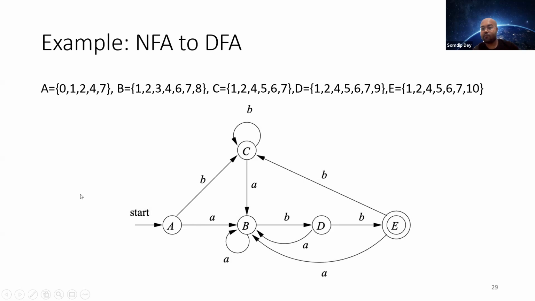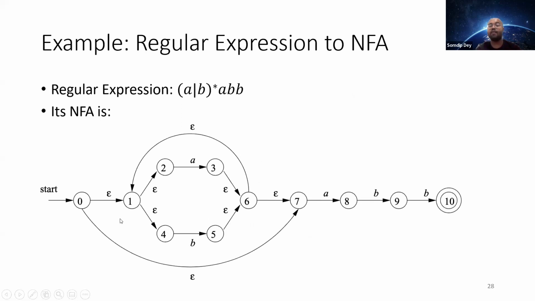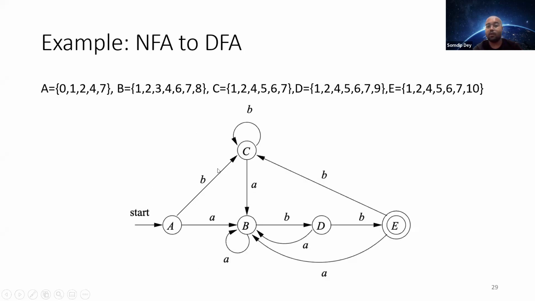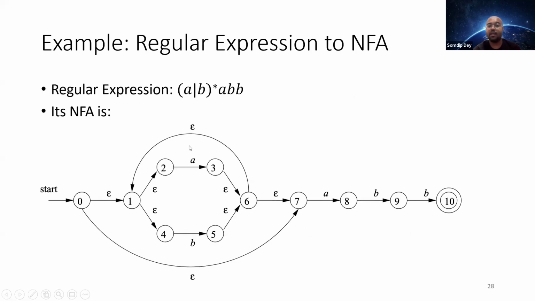And the DFA for that is, again, remember, we have to start from the start state, and then we have to consolidate any of these states together to make the transition more compact. Here, the way we do it, let's say in the DFA, we call the start state A instead. So we consolidate the moves 0, 1, 2, 4, and 7 from the NFA to make that happen.